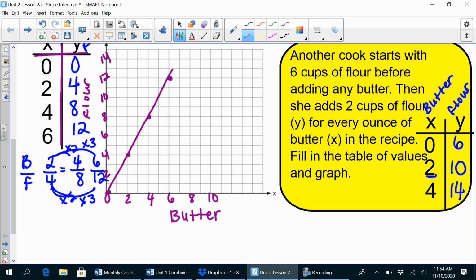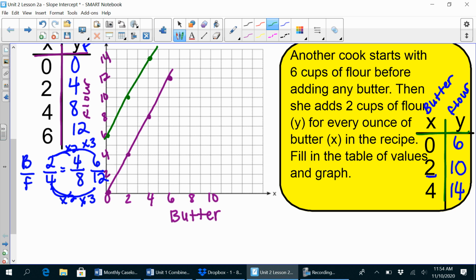Now I'll change my pen just so that we can see the difference in the lines, and I'm going to make this one green. I have 0, so that means I'm not moving on the x, and I'm just going up to 6. We read these numbers in the table as an ordered pair. So this is 2, up 10, over 4, up 14, and again, I am going to make my straight line.